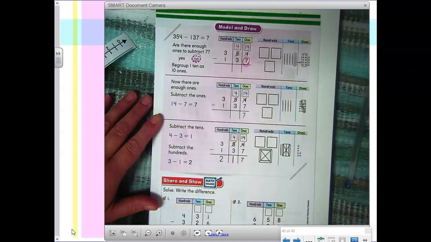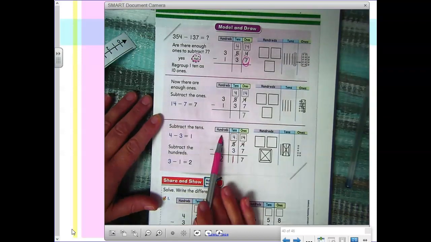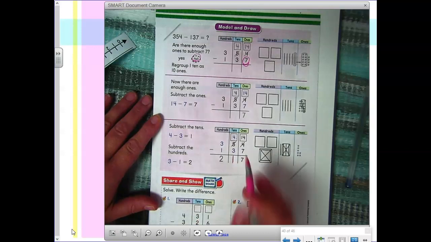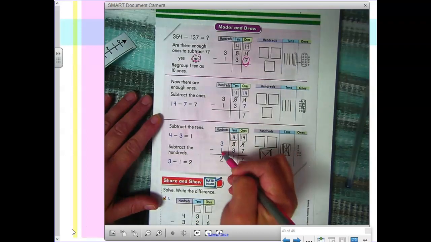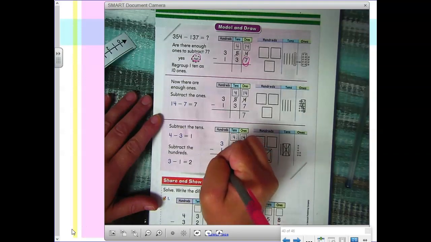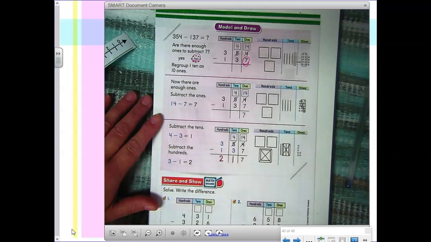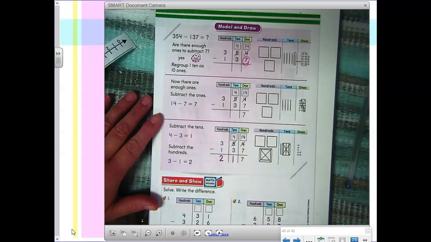Now, when it's a 3-digit problem, you also have the hundreds place. So you have to go one step farther. 3 minus 1 equals 2. Your answer is 217.